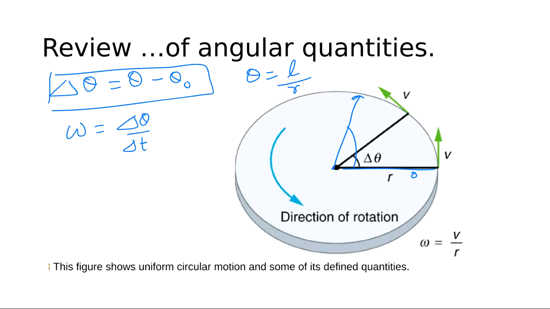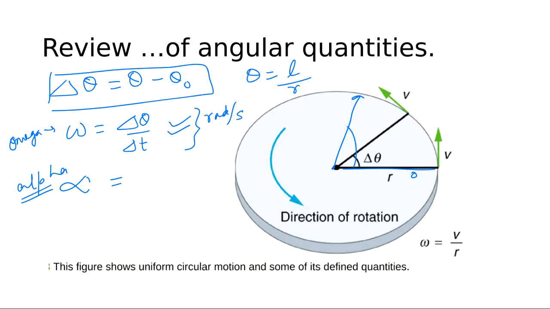So you can replace theta by L by R, and then you can have a relationship between omega and linear velocity. In the same way, we have angular acceleration, which is denoted by alpha. Alpha is a Greek letter, omega is also a Greek letter, and the units for omega are radians per second.